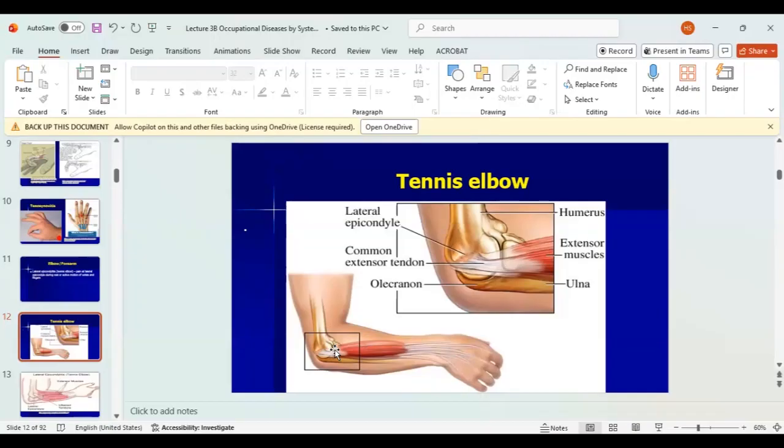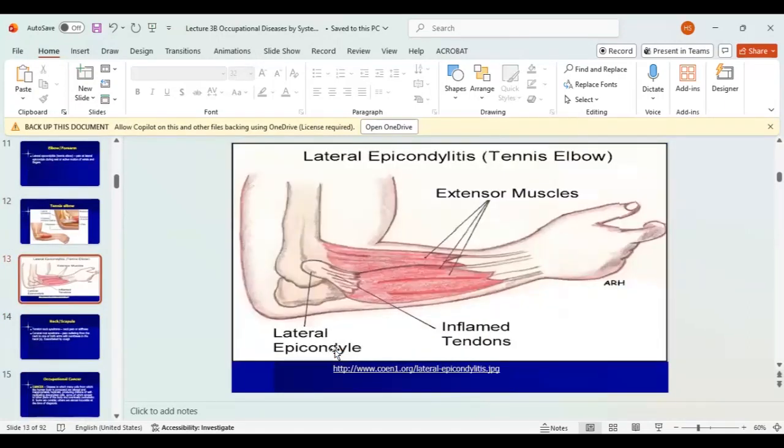And so people like tennis players and other people get this condition. All right, so you have the lateral epicondyle, you have the inflamed tendon, and so the extensor muscle, when you try to extend the arm, then there is severe pain.